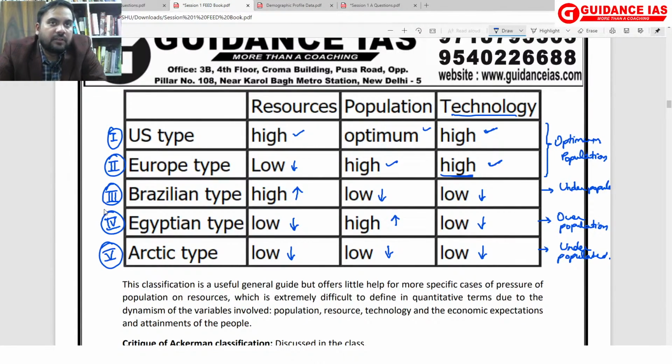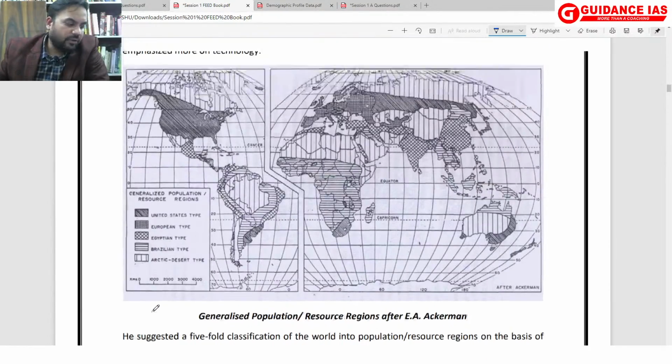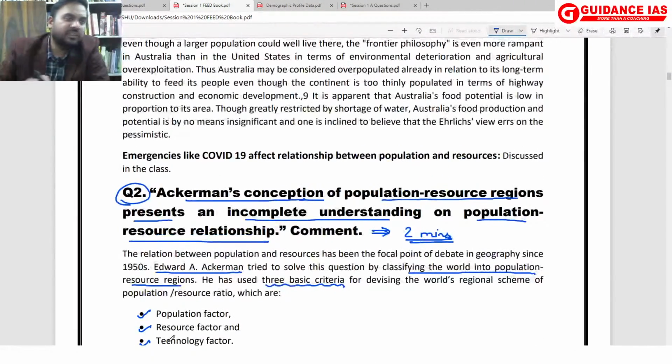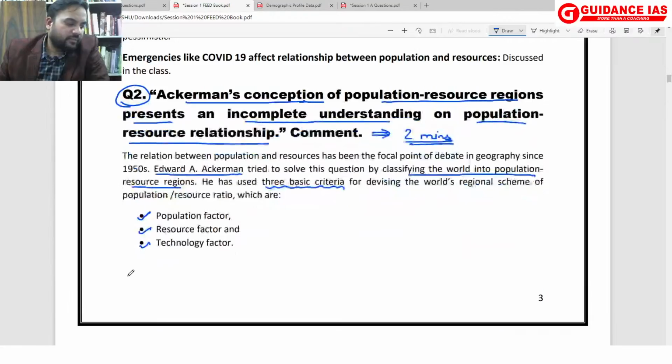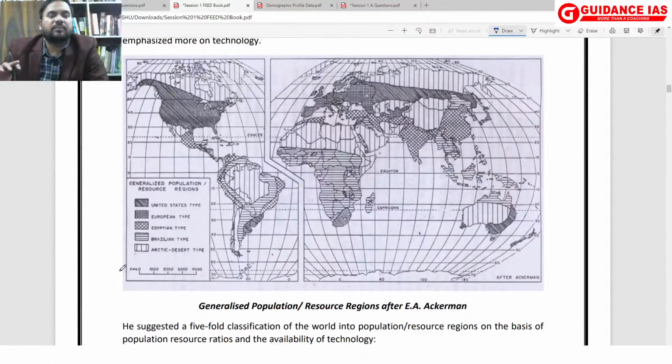Okay. So look, first in the answer we'll just describe what Ackerman is talking about. The introduction is also written here, you can just use this introduction, and first explain what his population resource regions were.